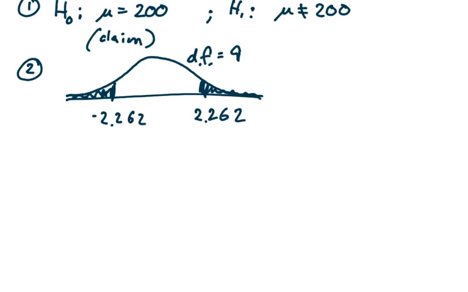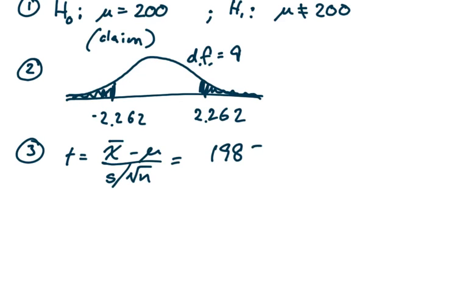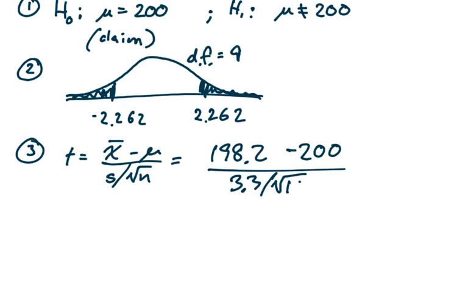Okay, let's continue on. Step three is we're going to calculate the test value. So this is the t-test for a mean. t is computed by x-bar minus mu, all divided by s over the square root of n. So 198.2 minus 200.0, all divided by 3.3 divided by the square root of 10.